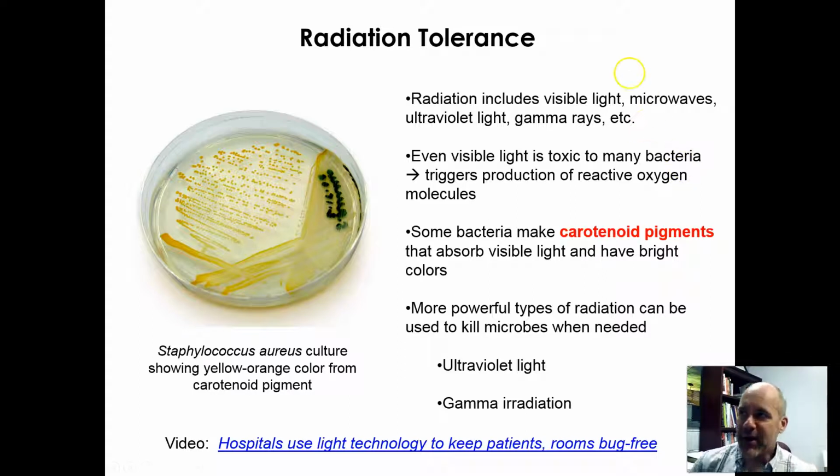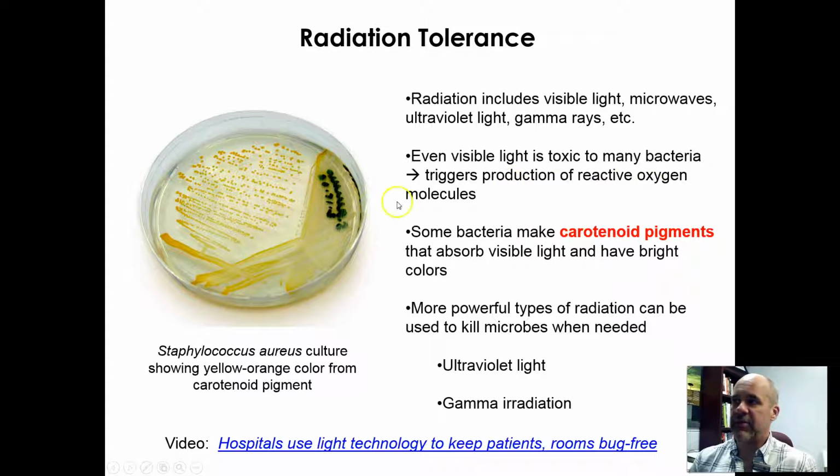Believe it or not, good old visible light is actually toxic to many types of bacteria, because when those visible light rays hit molecules inside the cells, they can be damaged. If you ever take a chemistry class, you'll learn more about how visible light can trigger chemical reactions.